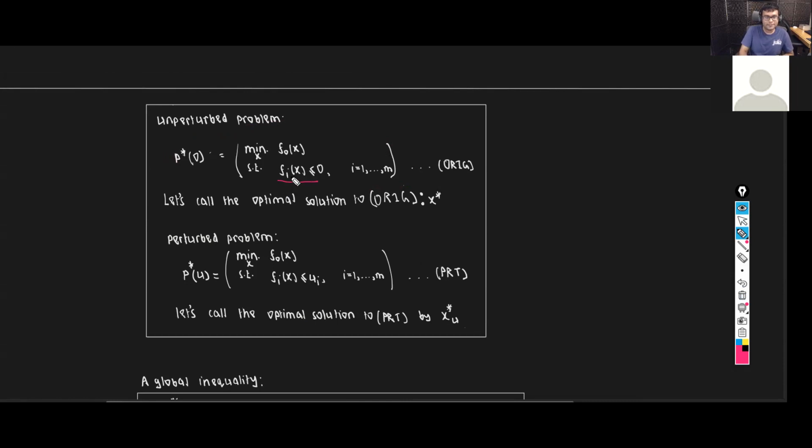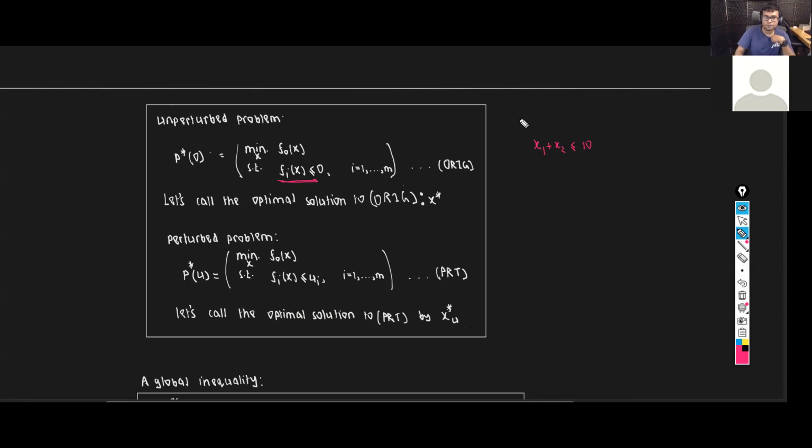This inequality constraint, often in practice, corresponds to some sort of budget. You have two variables and their sum has to be less than or equal to some budget value. In engineering, finance, and so on, this corresponds to a budget imposed on us due to structural or financial reasons.